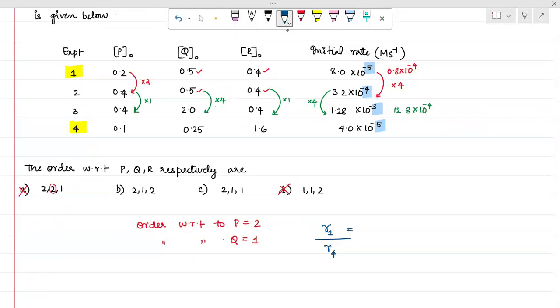So this is going to be equal to concentration of P for experiment 1 is 0.2 to the power, what is the order of P?